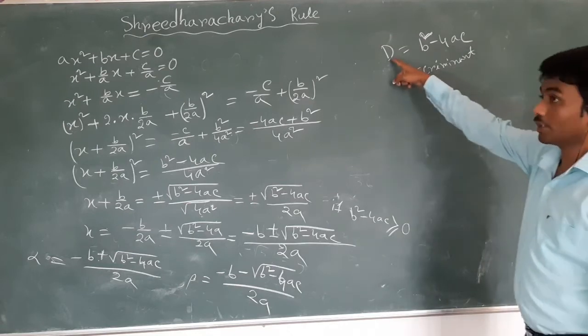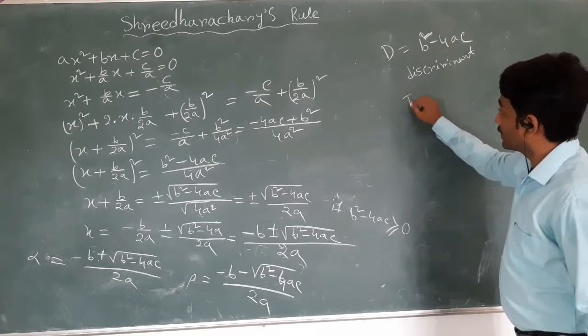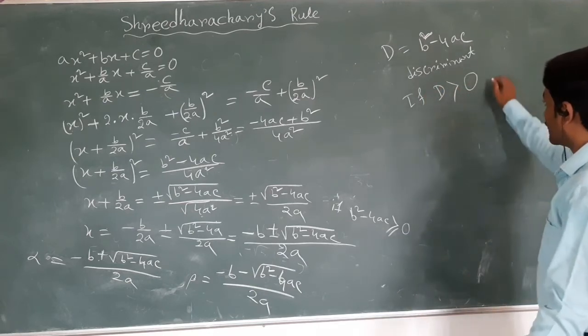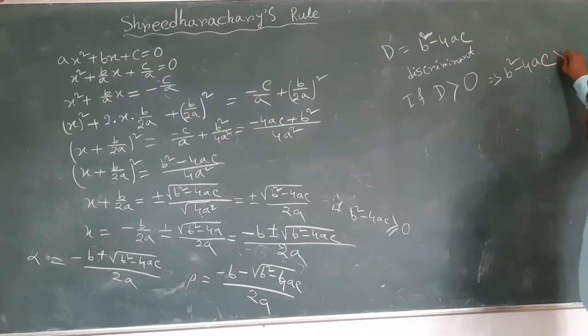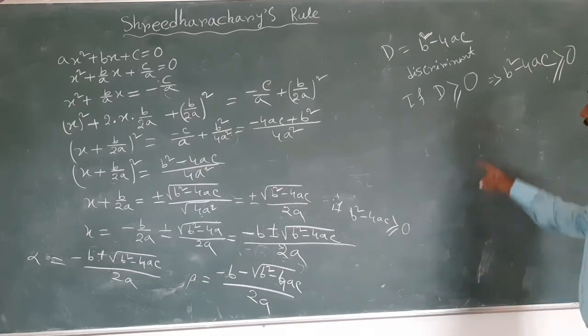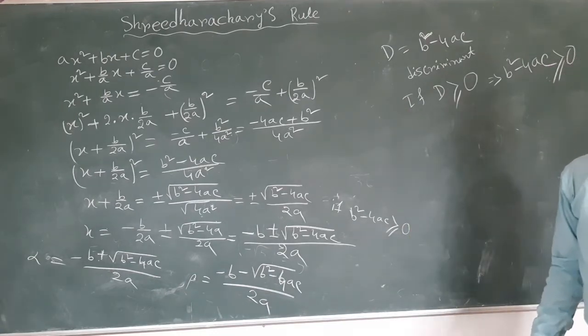So D is called discriminant, and if D is greater than or equal to 0, that is b square minus 4ac is greater than or equal to 0, then the given quadratic equation has real roots.